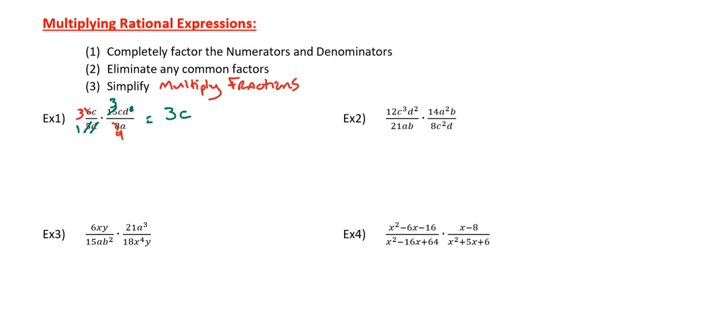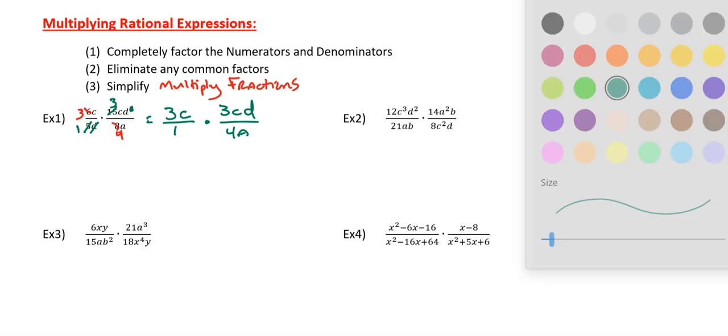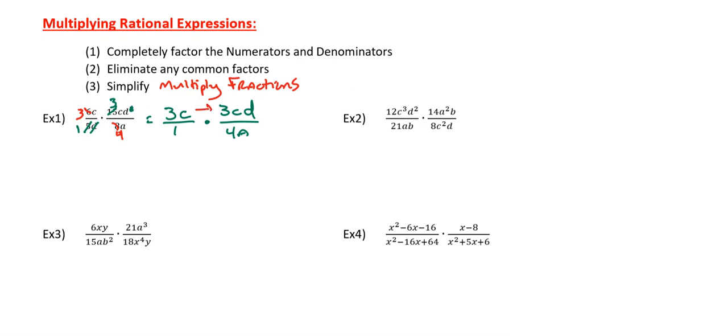I have 3c over 1 times 3cd over 4. Essentially, that's what I multiply. Remember, I multiply numerators and I multiply denominators. So I'm going to have 9c squared d over 4a.